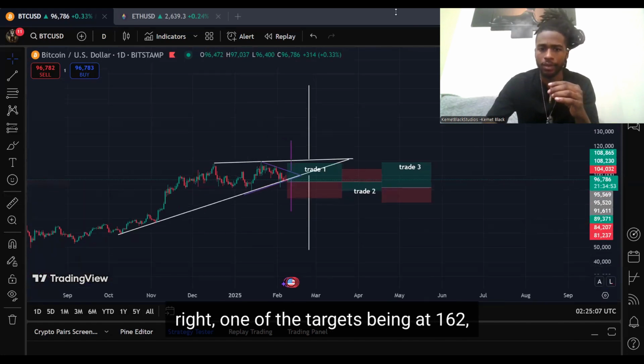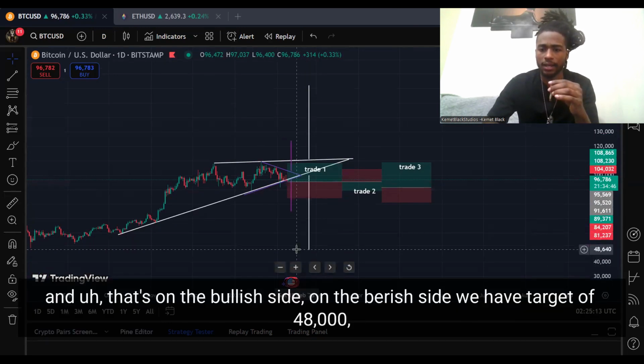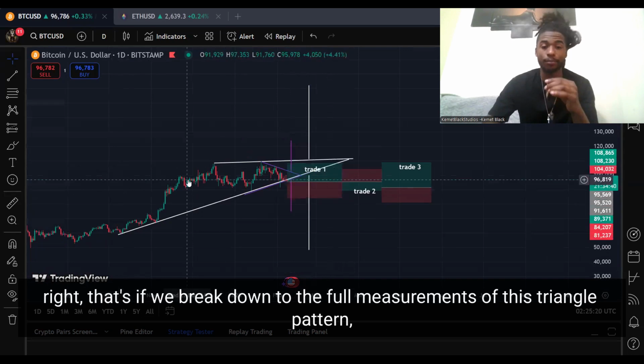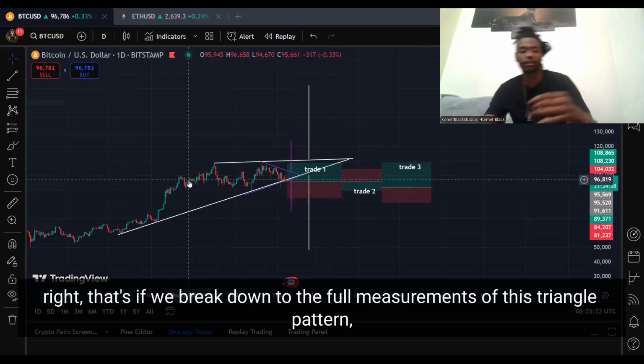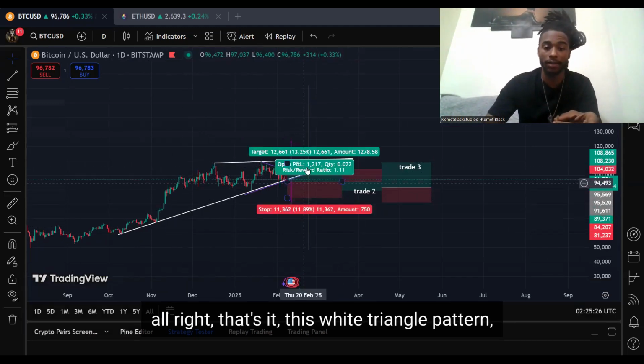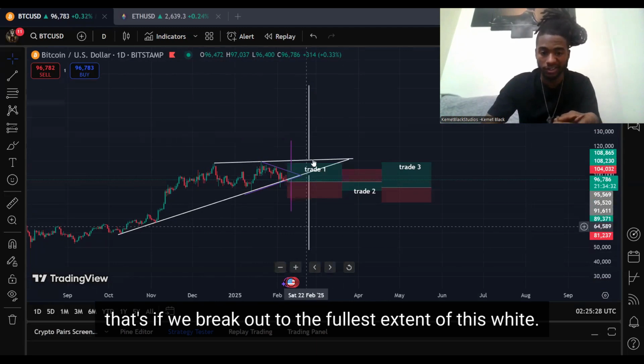One of the targets is at 162,000 on the bullish side. On the bearish side, we have a target of 48,000. That's if we break out to the fullest extent of this white triangle pattern.